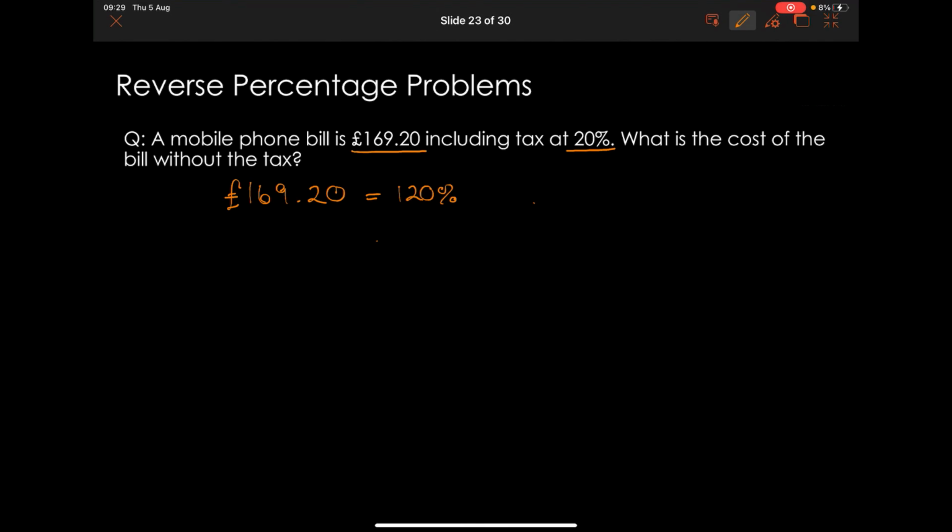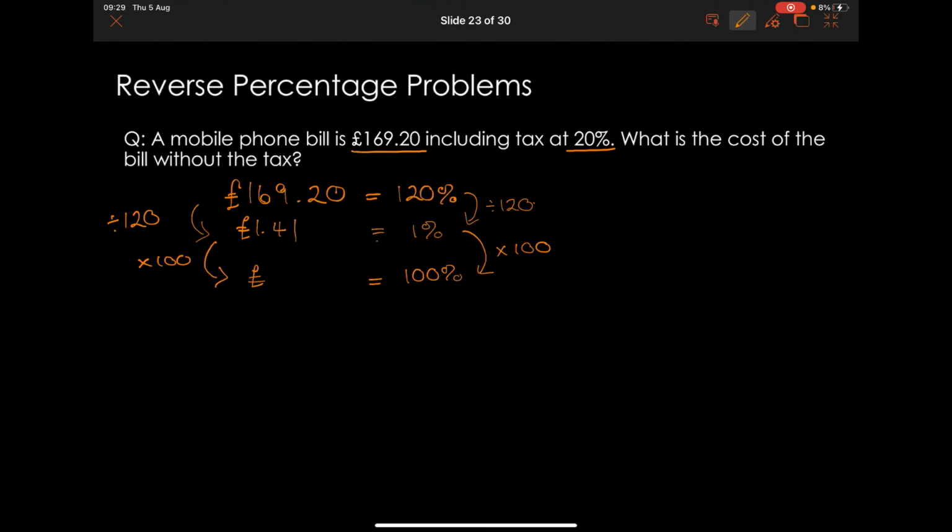Okay, so what I need to do here is divide by 120 to give me 1%. Okay, so divide by 120. Now, if I take my £169.20 and I divide by 120, it gives me £1.41. And now all I need to do is times it by 100 to get 100%.